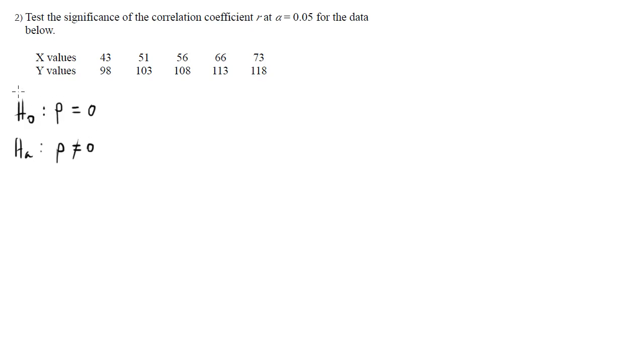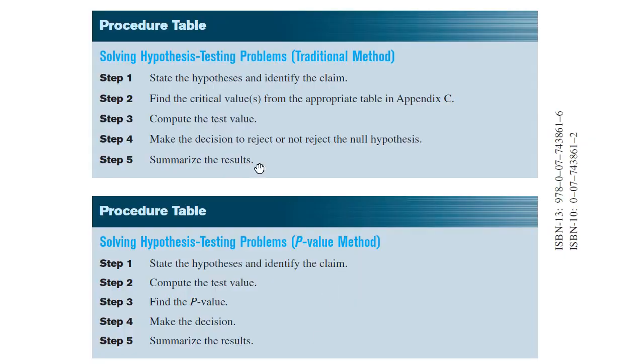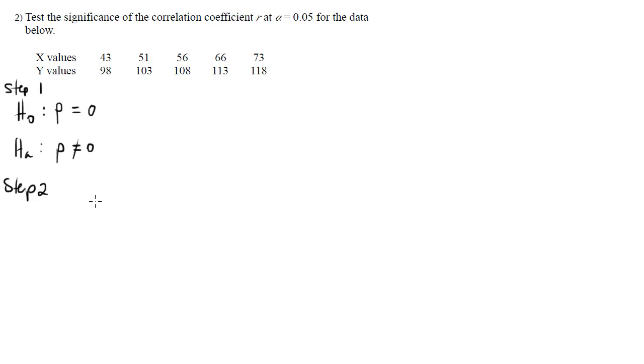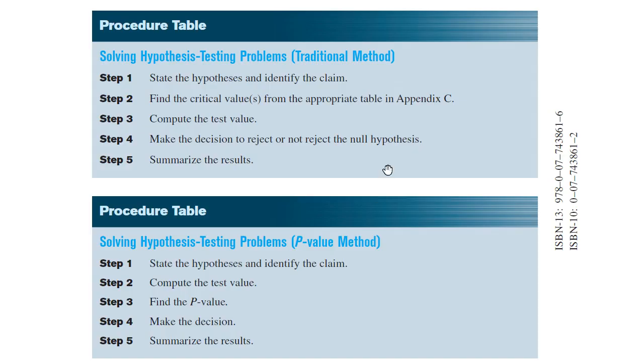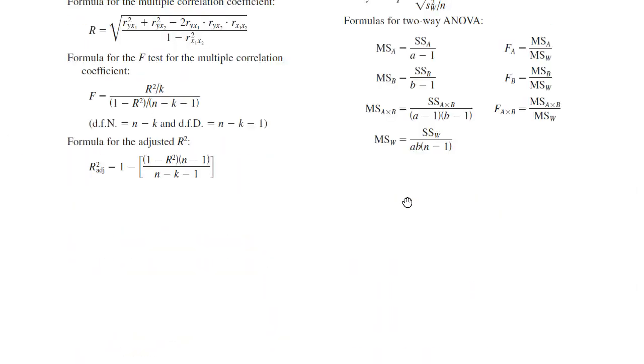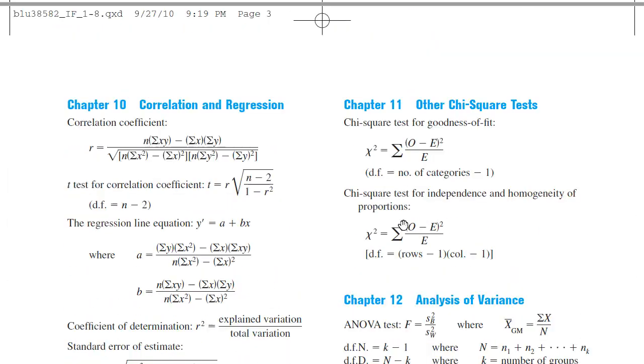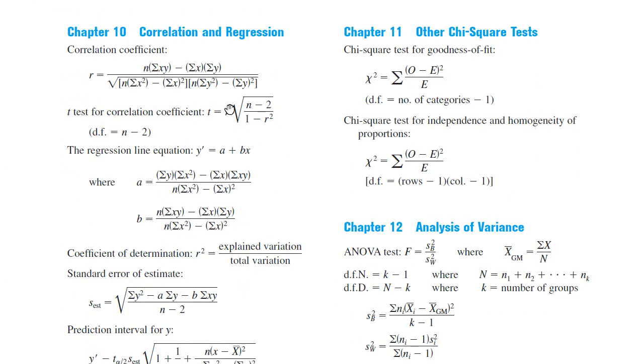So this is step 1: state the hypotheses and identify the claim. Step 2, what does it say? Find the critical values from the appropriate table. So how do we find the critical values here? Well, let's scroll back to chapter 10, the t-test for a correlation coefficient.